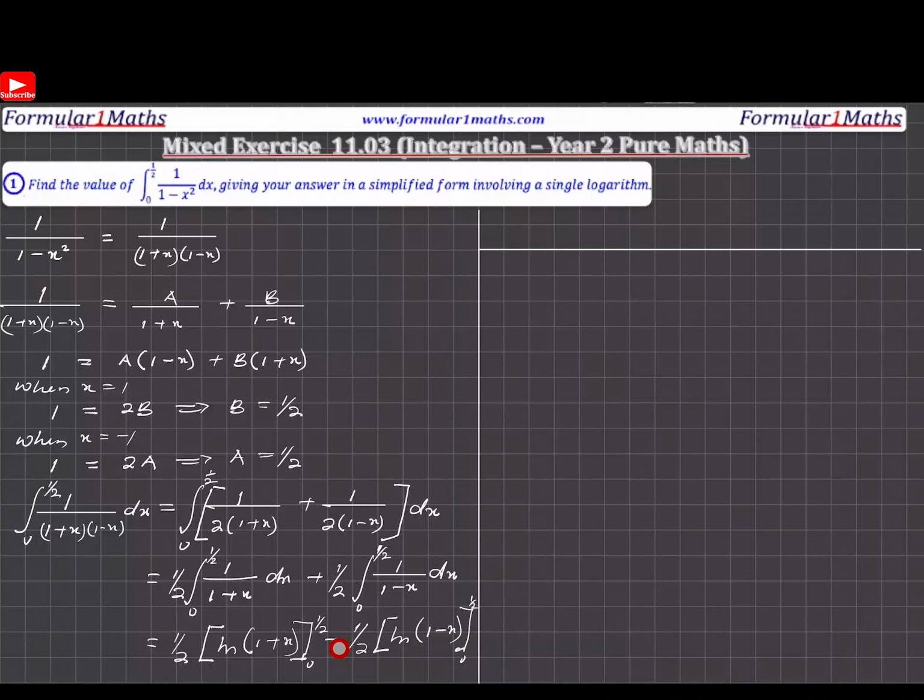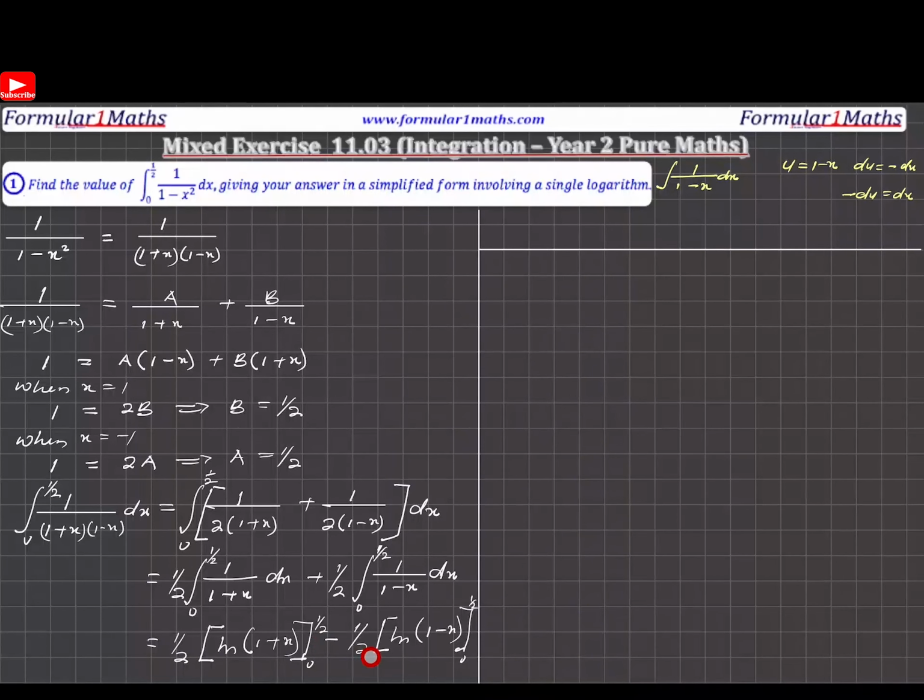This is negative because of the following. If I have the integral of 1 over 1 minus x dx, then if I let u equal 1 minus x, then du equals minus dx, which means that minus du equals dx.